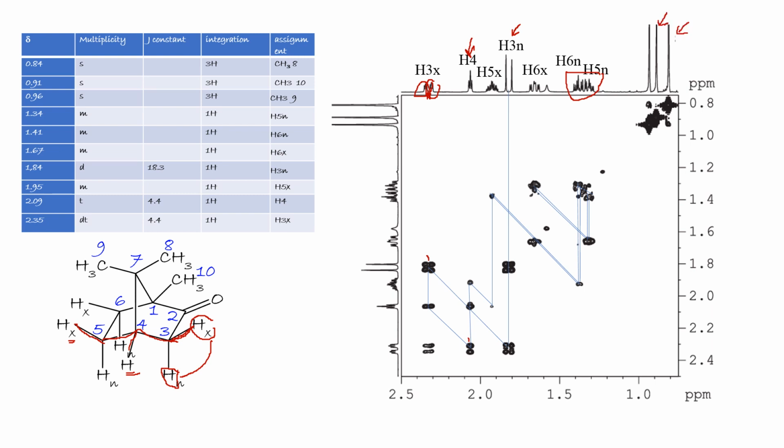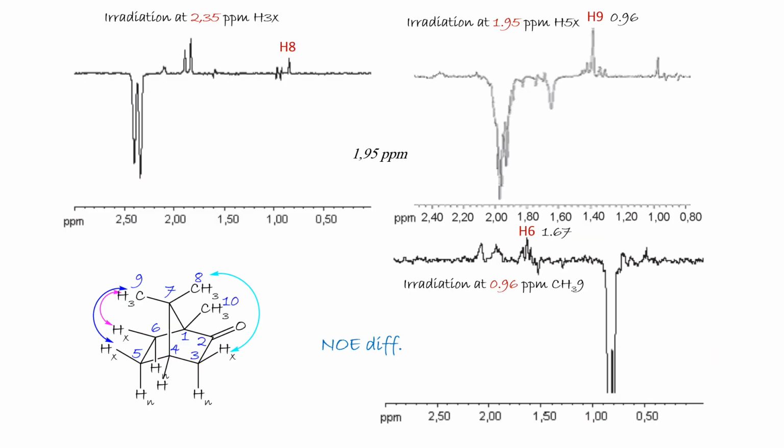Here we have to go to another type of spectra. I had to use NOE, the nuclear Overhauser effect difference experiment. So the chemist irradiated at 2.35 for H3X.